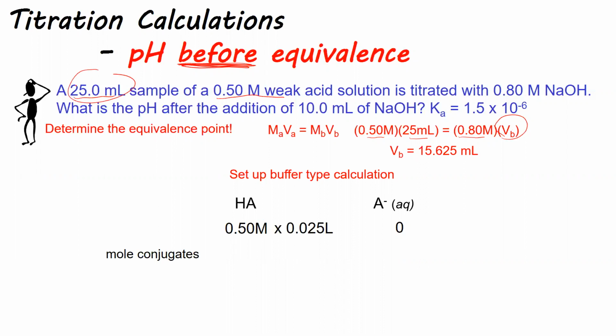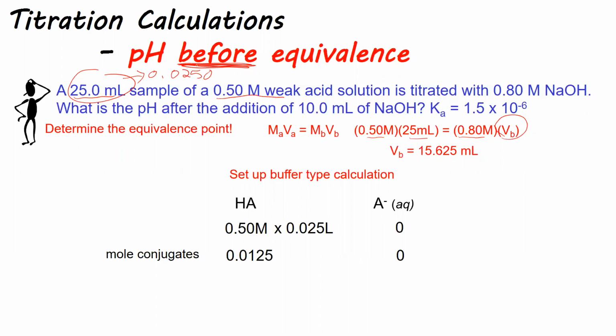So if you have 25 milliliters, that converted to liters is 0.0250. So I'm multiplying my molarity times the liters, and I get 0.0125 moles of the weak acid, and I still have 0 of the conjugate base.